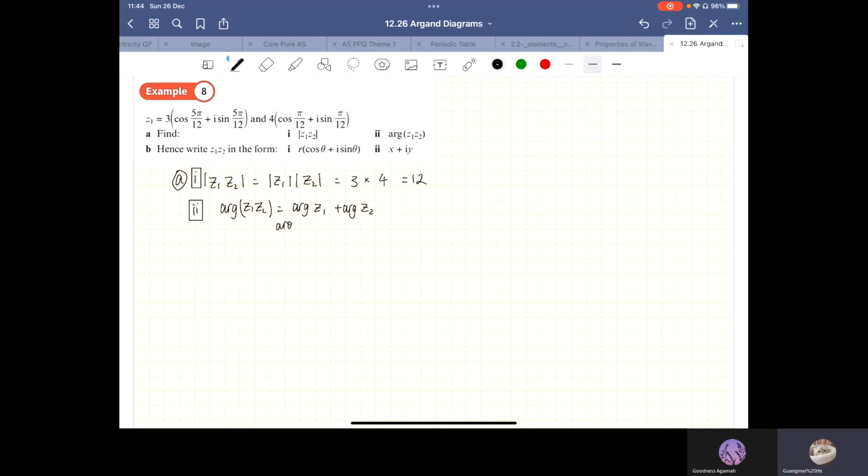Argument z1 is equal to what? 5 pi over 12. And argument of z2? Pi over 12.